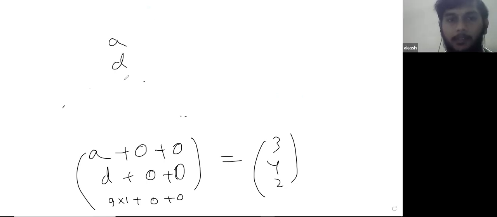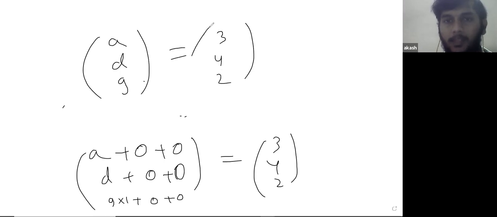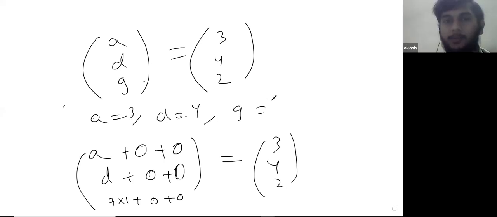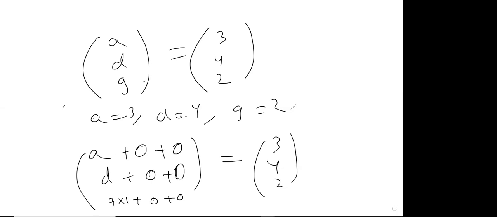So what we have here is this, right? Yes. So you can deduce from this or equate, and you get A equals 3, D equals 4, G equals 2. Yes, sir.